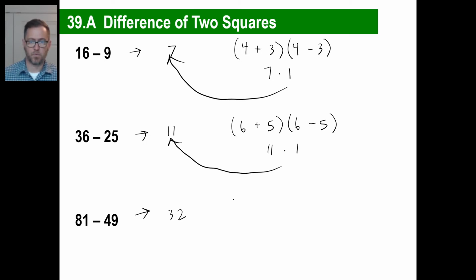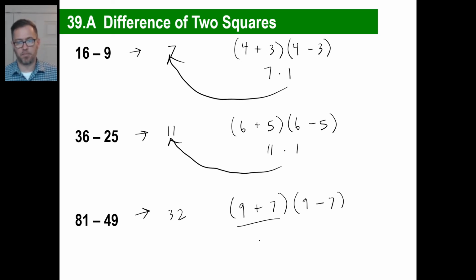Square root of 81 is 9. Square root of 49 is 7. I can go 9 plus 7, and then take the same two square roots and go 9 minus 7. Well, 9 plus 7 is 16, multiplied by 9 minus 7, which is 2. Well, I'll be.